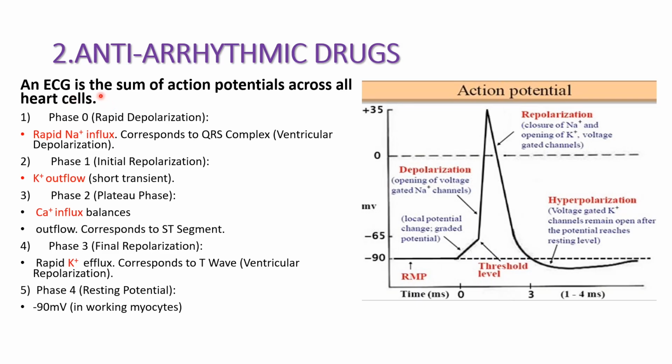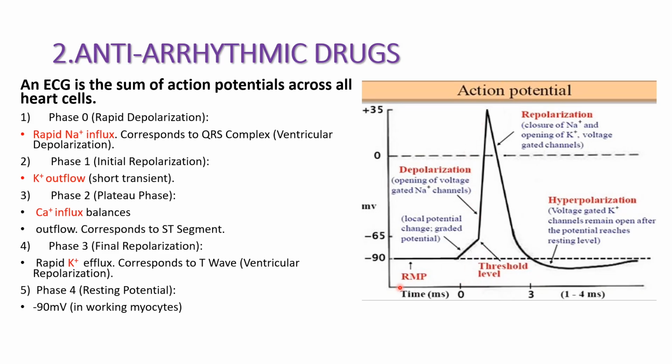It includes the sum of all the action potentials which occur across the heart cells, together we call it the ECG, and this is in general a representation of the action potential of the heart.